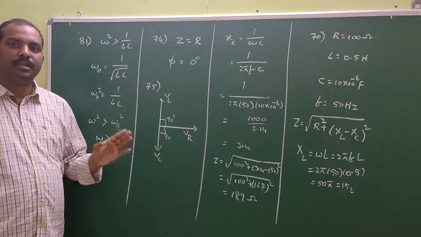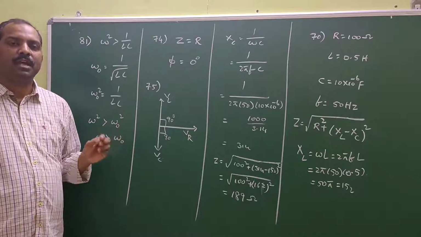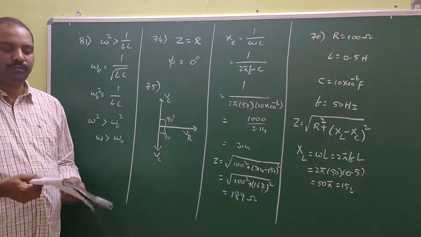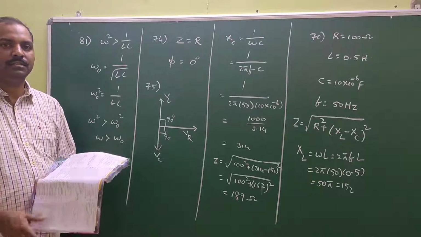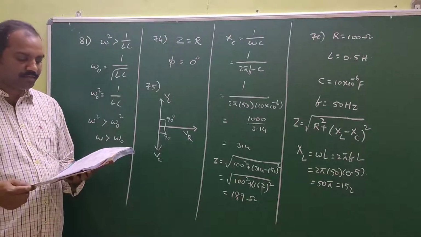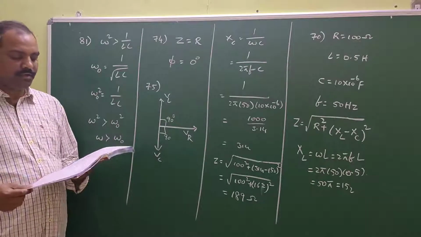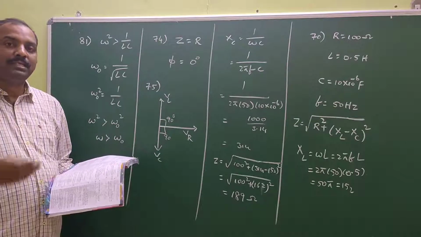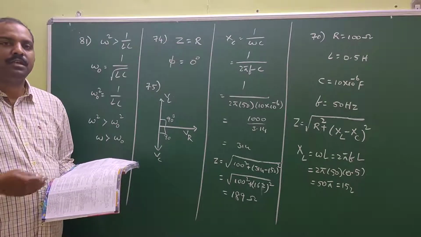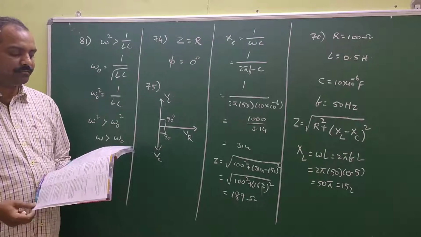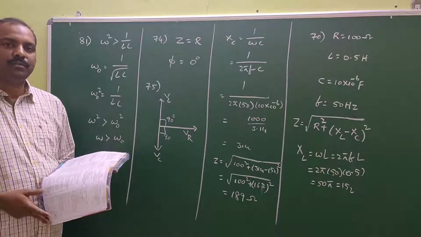In case of an inductor circuit, current lags behind the EMF with a phase difference of 90 degrees. So in the options, see the first option: EMF leads the current. Current lags behind the EMF means EMF leads the current only. So that is the correct option. The first option is correct.